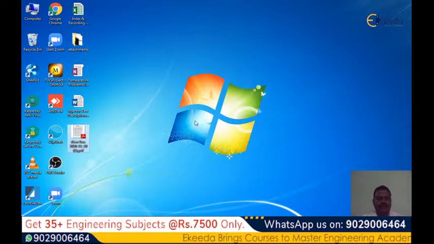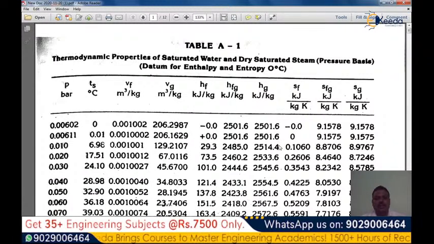See here, we have thermodynamic properties of saturated water and dry saturated steam. The first column is pressure, and the second column is saturated temperature.